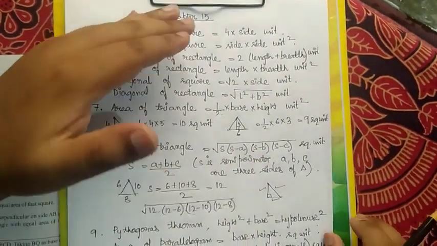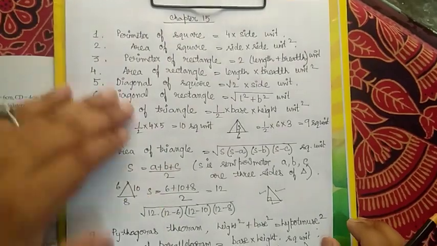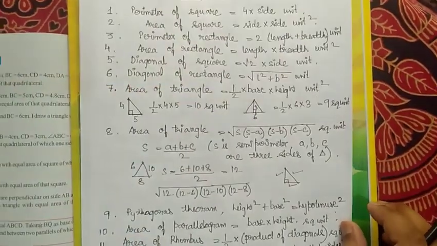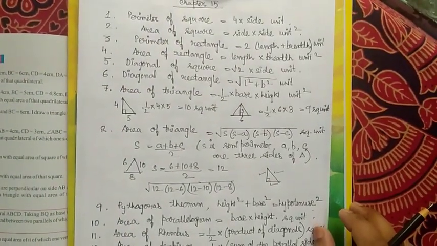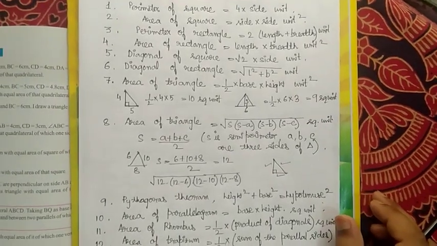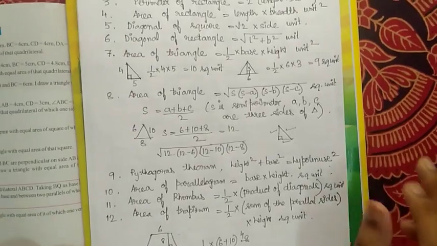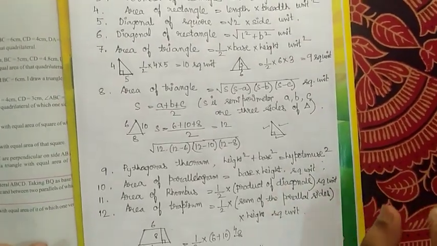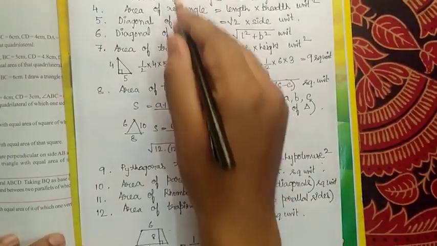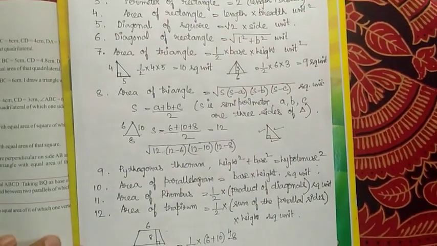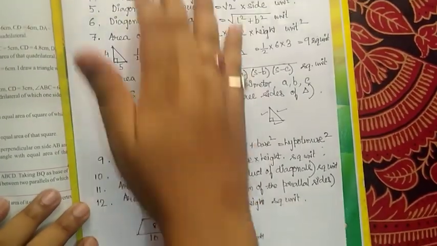First of all, you have to write all the formulas, 1 to 12, and after that, if I add 2 or 3 formulas, I will leave those remaining pages so I can write 2 or 3 formulas later. So this is a very important chapter. First of all, you have to copy these formulas.